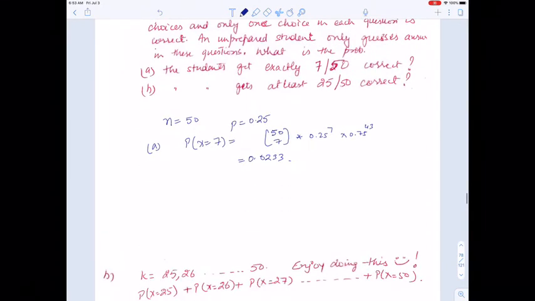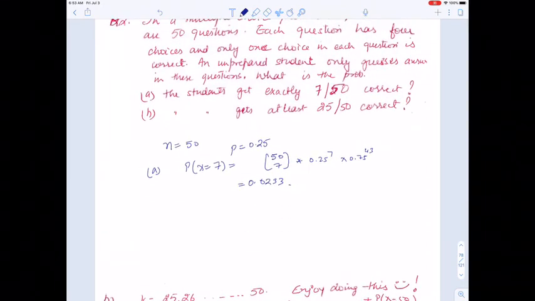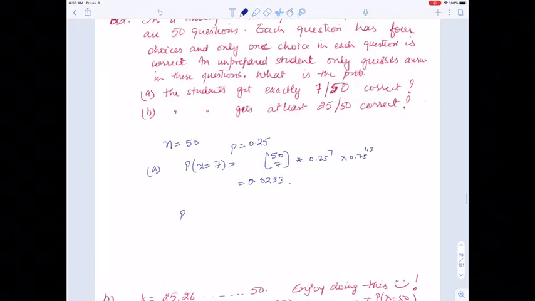Check your answer. Part B, student gets at least 25 out of 50 questions right.